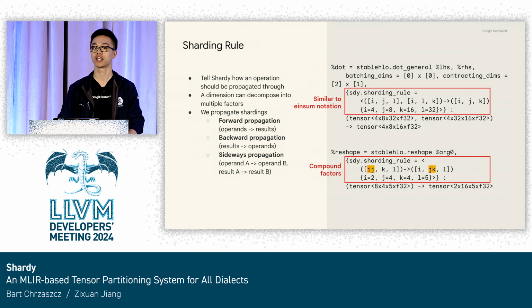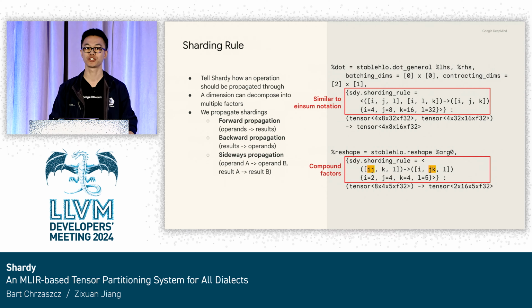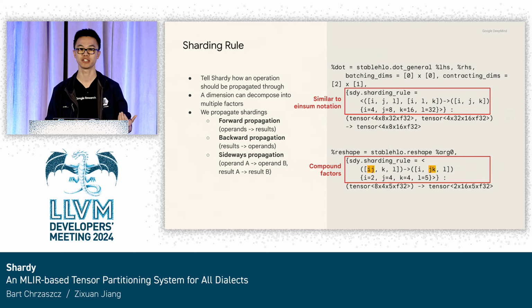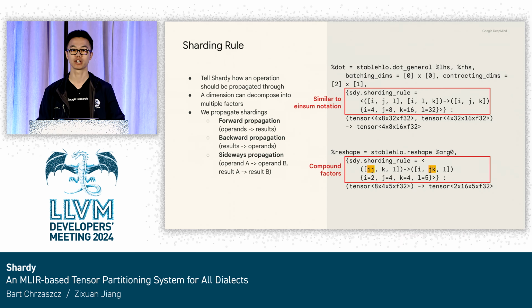Also, we define the sharding rules, which visualize and simplify the propagation algorithm. This sharding rule demonstrates the relationship between the dimensions across different tensors. For example, taking a dot as an example, its sharding rule is in essence just its annotation in einsum notation.